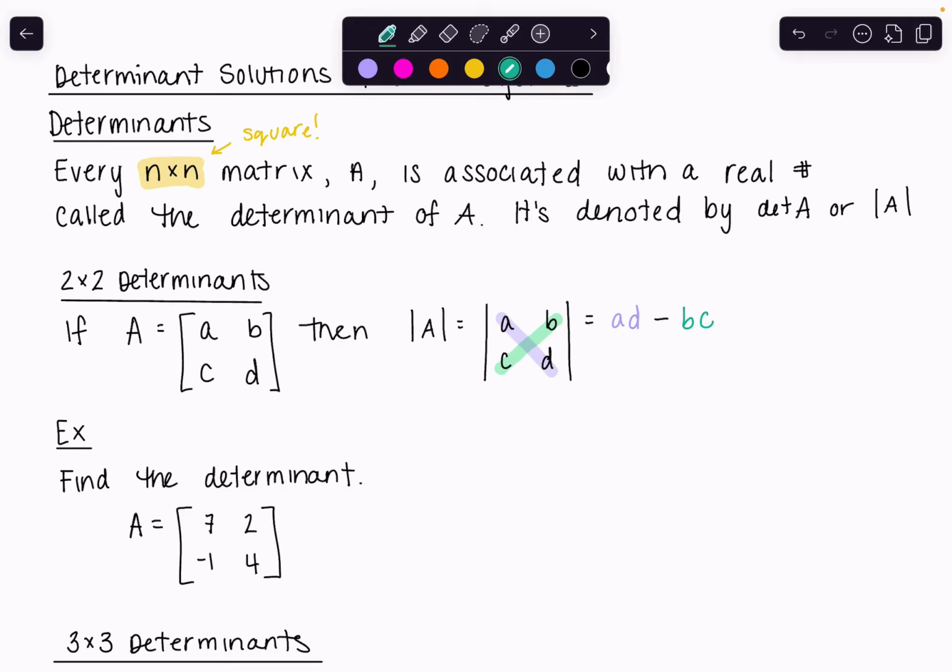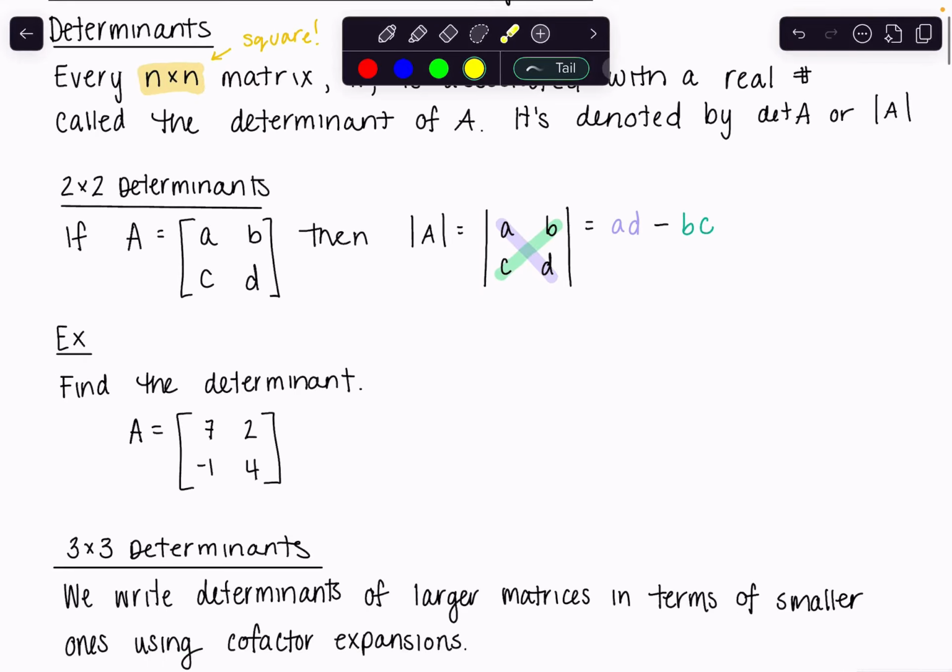You'll see this pattern is going to appear a lot, especially when we get to 3 by 3s, the same idea is going to happen. Positive is considered this diagonal, negative is this backwards diagonal.